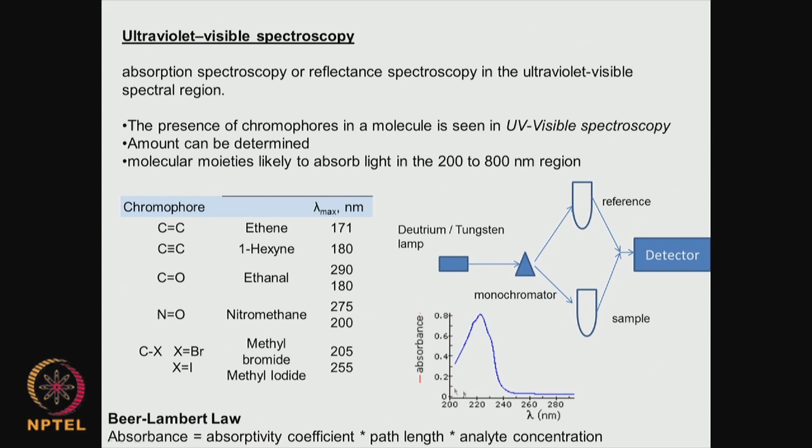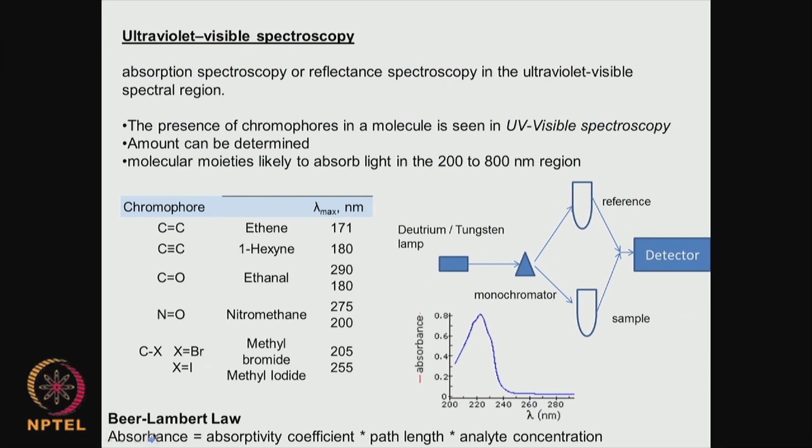Generally, if you look at the spectrogram, it will look like this at a particular lambda max, and as I said, that lambda max is characteristic of the type of chromophore present. So, you may get a nice looking spectrogram like this. We can measure from this absorbance what the concentration is if you have a standard graph, and this lambda max is an indication of what type of chromophore is present.